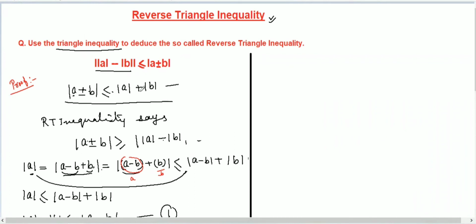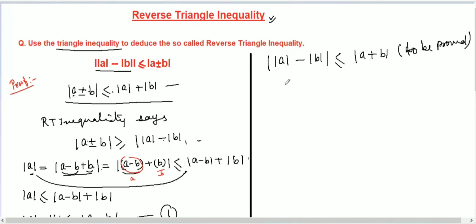This we proved, the minus one. We need to prove this one now: absolute value of A minus absolute value of B is less than or equal to absolute value of A plus B. Minus one we proved. This is to be proved. We are going to prove it now.